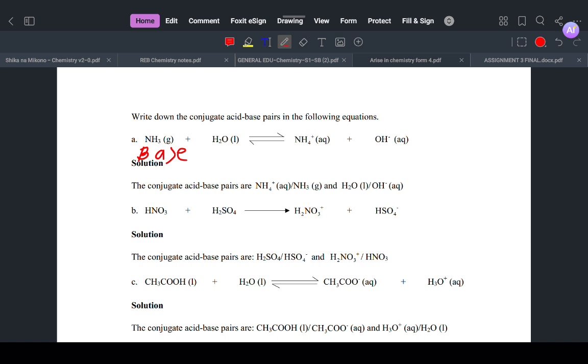How do we know that it's a base? It shows that it has gained a proton to make NH4, and the water here is behaving like an acid. What is formed when a base gains a proton is a conjugate acid. So this is our conjugate acid.